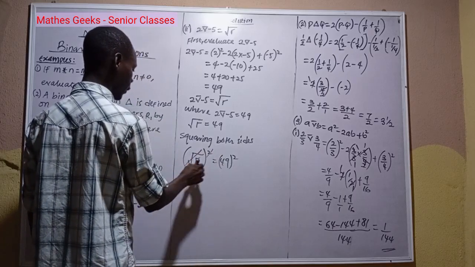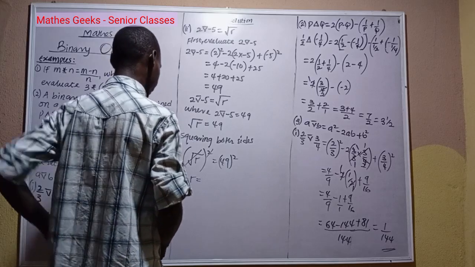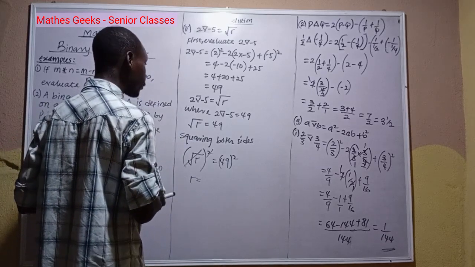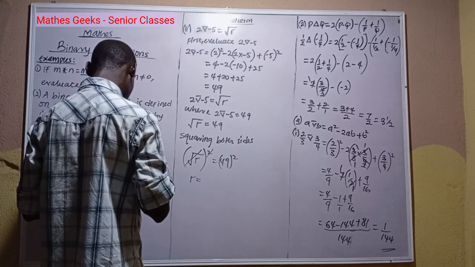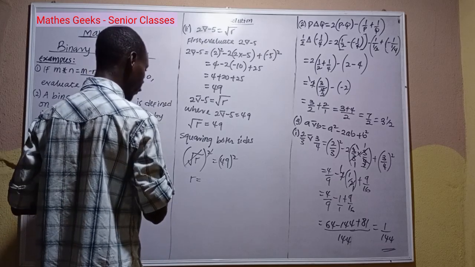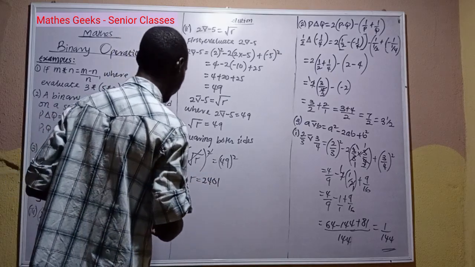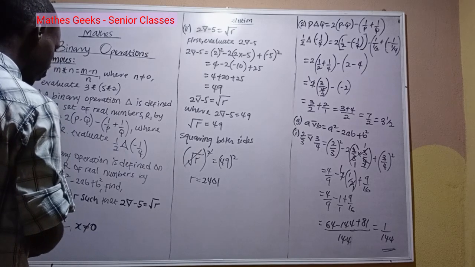So r is equal to 2401. So the value of r is 2401.